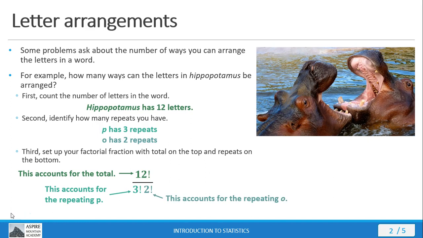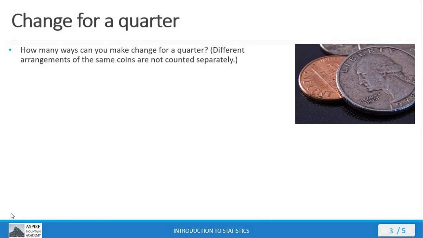So now we've got our factorial fraction. We just punch that out on our calculator, and we get this amazing number, 39,916,800. This is the total number of ways that the letters in hippopotamus can be arranged.